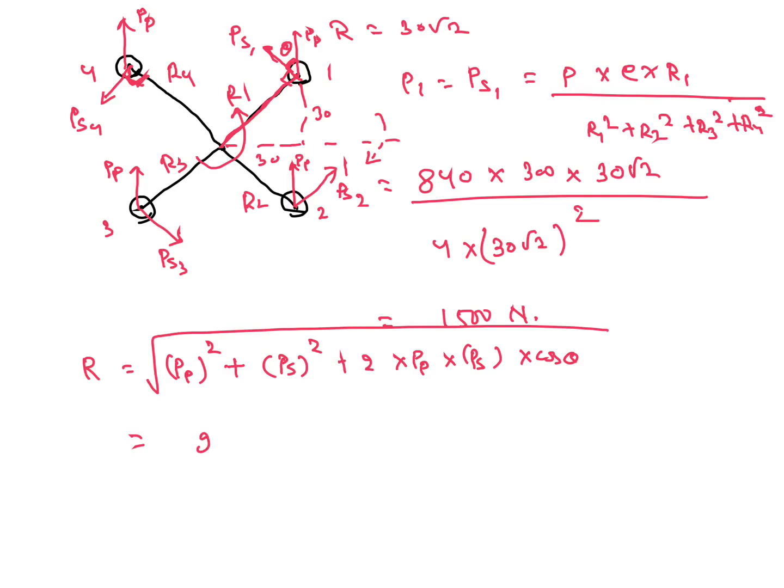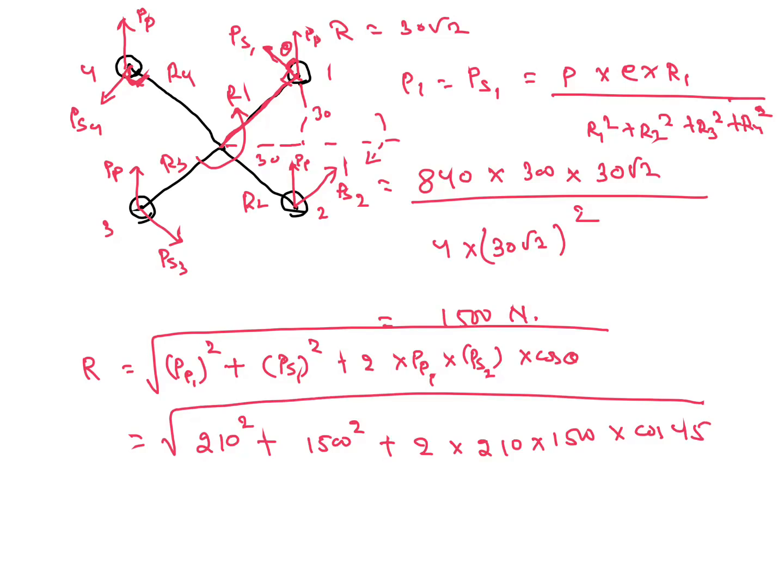For point 1 we are calculating, point 1 or 2 also you can take. Theta value is 45 degree, both are 30 and 30 distance. So root of 210 square plus secondary load 1500 square plus 2 into 210 into 1500 into cos 45. If you solve this one, you will get 1655 Newton.